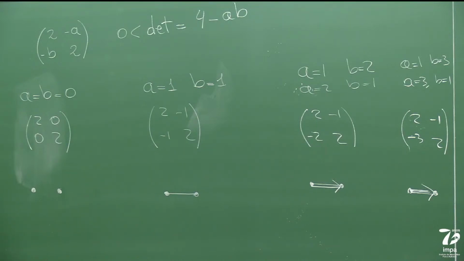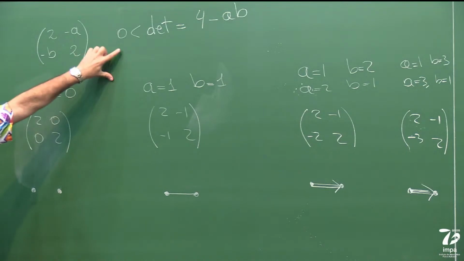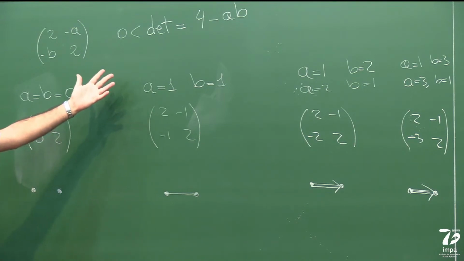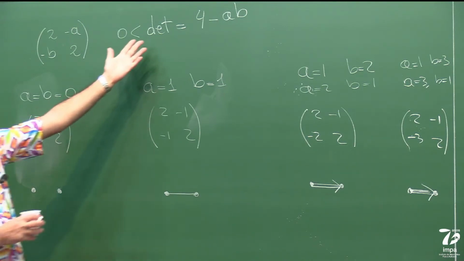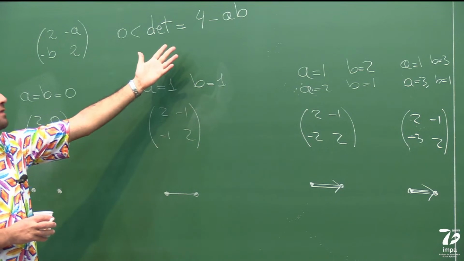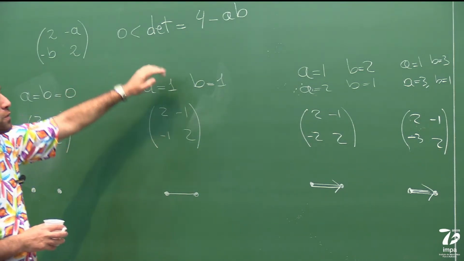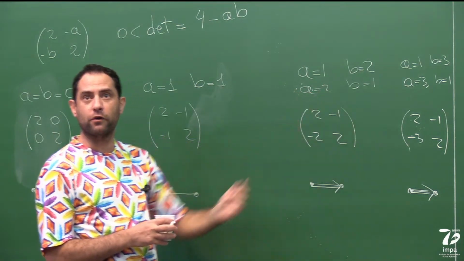If A is equal to 1 and B is equal to 4, this thing already has determinant 0. And if the smallest of A and B, let's say that it's A by transposing, is at least 2, then the determinant of this thing is at the very most 0. So it's less or equal than 0. So you're not allowed to have both numbers bigger or equal than 2.